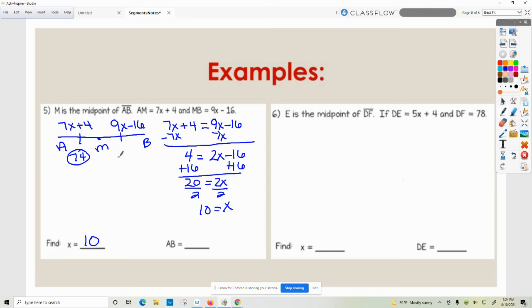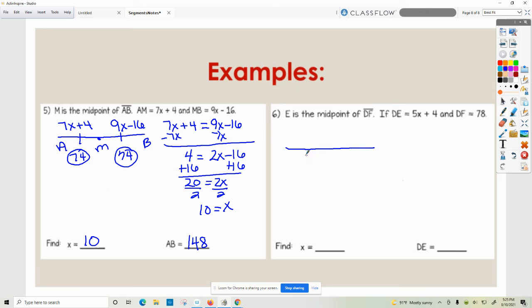And I get 74. And that's exactly what I should see. And then to get to the length of A to B, that's 74 plus 74, which would be 148.